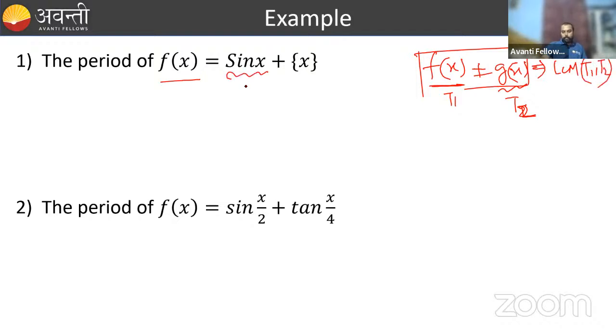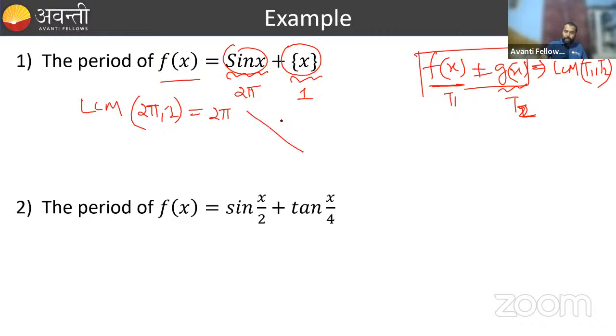The period of sin of x is 2 pi. We just discussed the fractional part. What is the period of the fractional part of x? That is 1. So what is the period of sin x plus the fractional part of x? That is the LCM of 2 pi and 1, which is 2 pi. Is it or not? Clear, everyone?